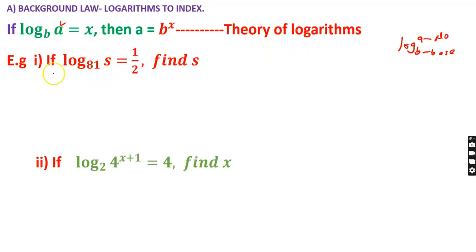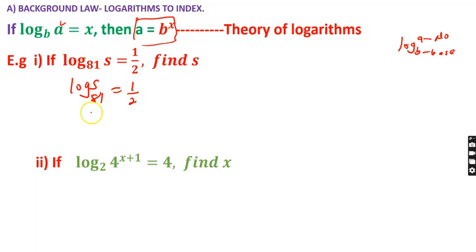Let's solve this example. If log x base 81 is equal to half, find x. In this case, our number here is x and our base here is 81. From the formula, the number a equals base to the power x.